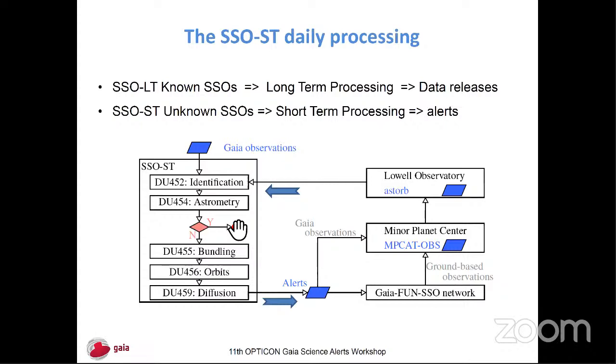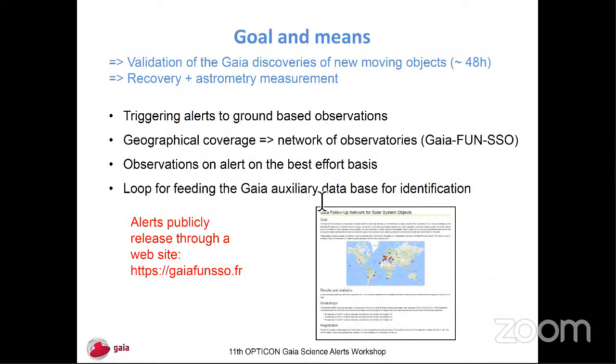So this is a loop, and by making this follow-up of alerts, we are able to feed the ASTORB database and to allow Gaia in the future to identify these asteroids and avoid sending another alert for these objects.